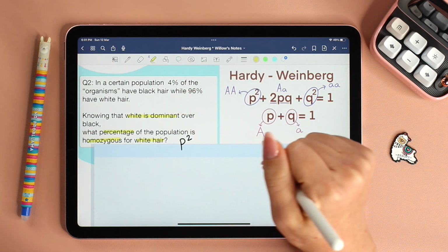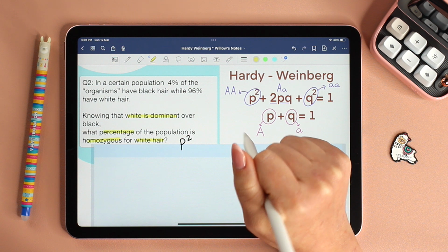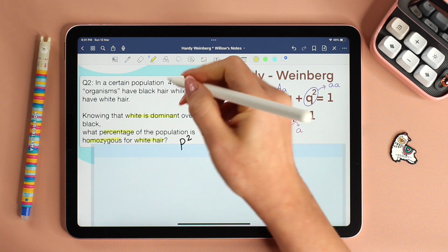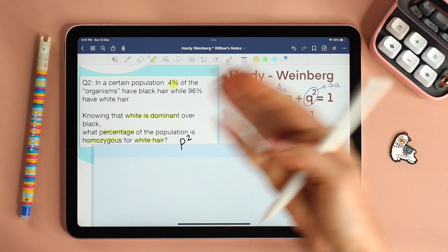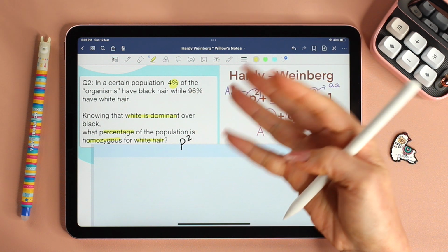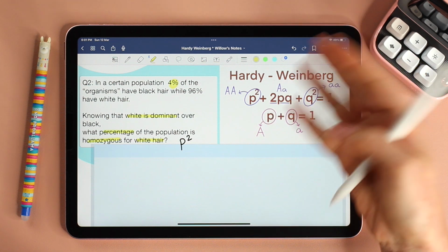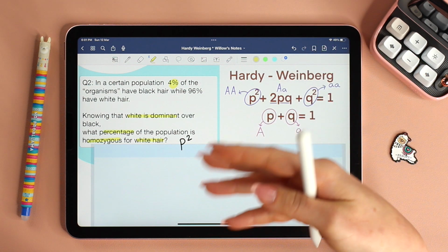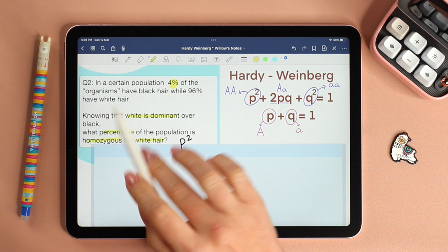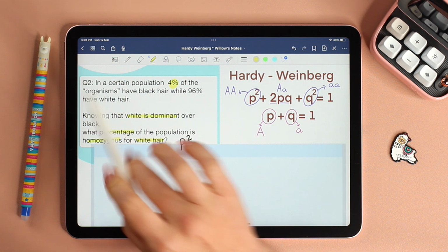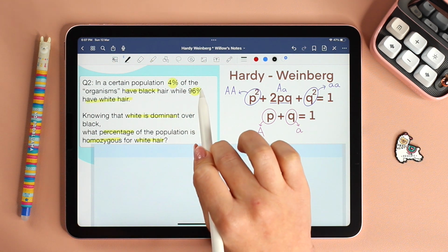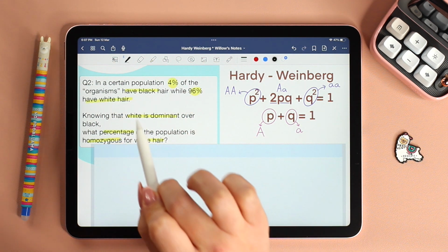So now when we go back to the givens, we see that in a certain population, 4% of the organisms, and the reason I put organisms is because it could literally be anything. Sheep, cows, it doesn't matter what animals or plants we have, okay? So I don't want that to be the focus. 4% of the organisms have black hair.